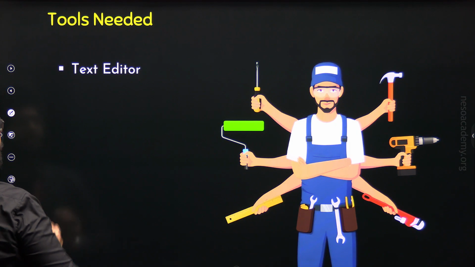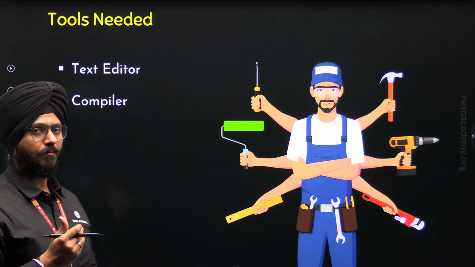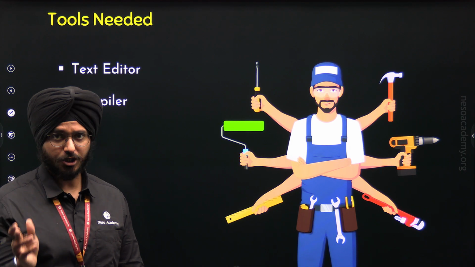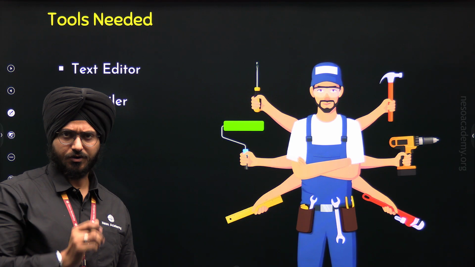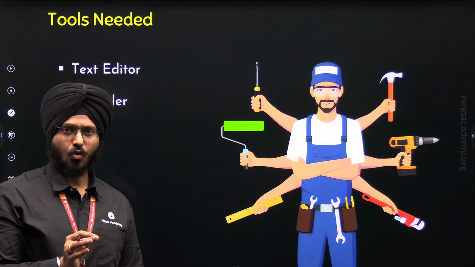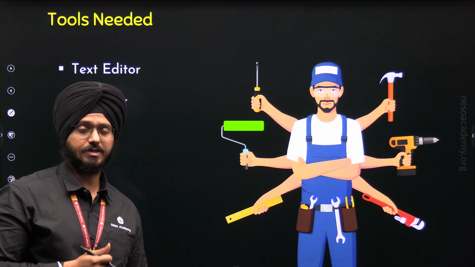Now let's move to the second tool. The second tool is the compiler. We need a compiler for the purpose of translating the source code to machine code. This is what we learned already. Compiler is the software which translates source code which we humans write to the machine code which machines can understand.